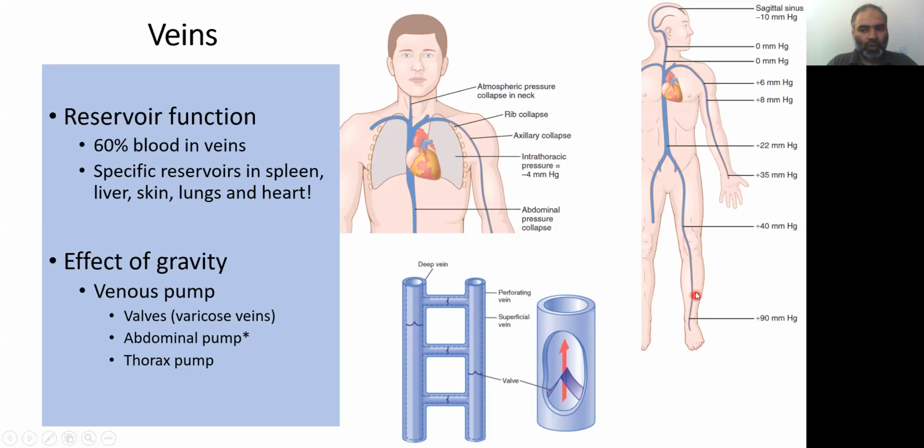You have put in so much effort through the valves and the muscles and whatnot so that the blood can go up. But in the abdomen, due to ascites or a tumor, you have abnormally high abdominal pressure, which compresses the great veins inside the abdomen as they travel up.